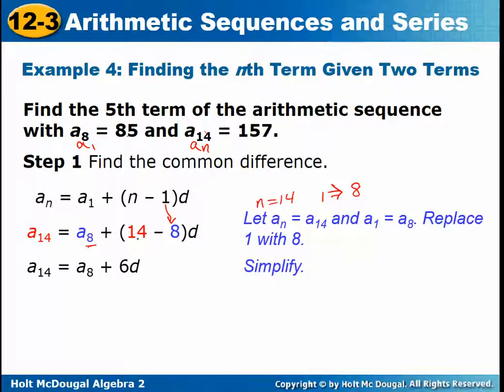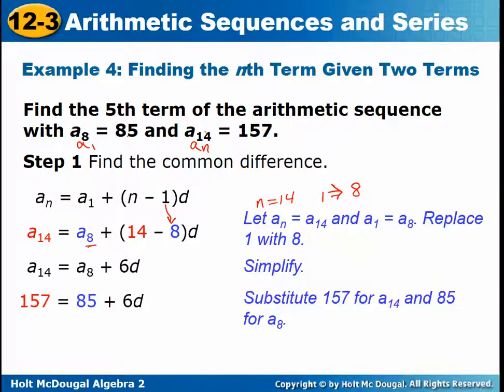Oh, they simplified first. 14 minus 8 is 6. Now I'll put the a sub 14 in, which is 157, and a sub 8 is 85. So we subtract 157 minus 85 is 72, equals 6d, divide by 6, and you get 12 for d. So that was just to find d.